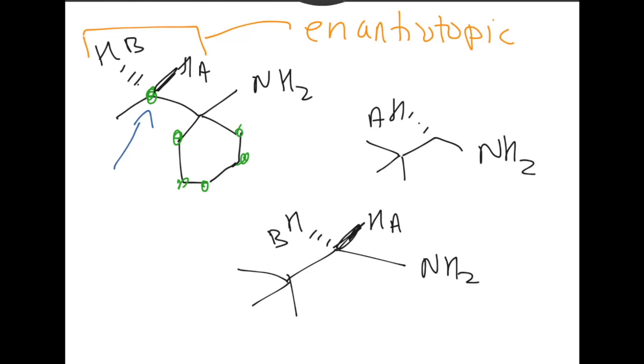You could easily go HA, HB and it would still work. So I'd have to label which one's HA and which one's HB, and you could tell me which one's pro R and which one's pro S. You should be able to identify prochiral carbons, whether they're enantiotopic or diastereotopic, and then, given the right kind of problem, assign them pro R or pro S. That's what I want you to get out of this.